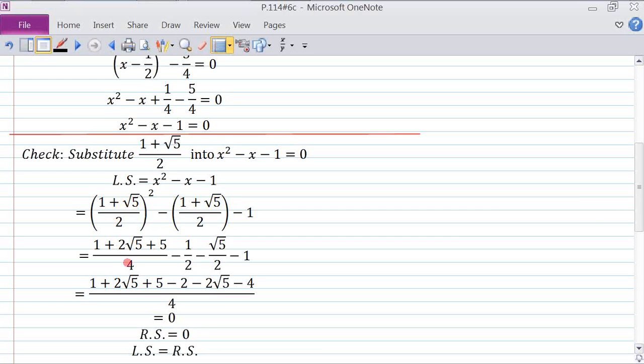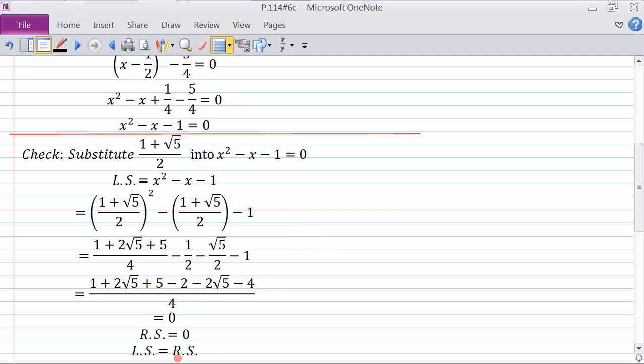And 2 times 2 gives me 4. Now, this minus 1 over 2 is this term here. And minus, removing the brackets on this term gives me that. So all I'm doing is removing the brackets here. And I get minus a half minus root 5 over 2, and this is the minus 1 here.